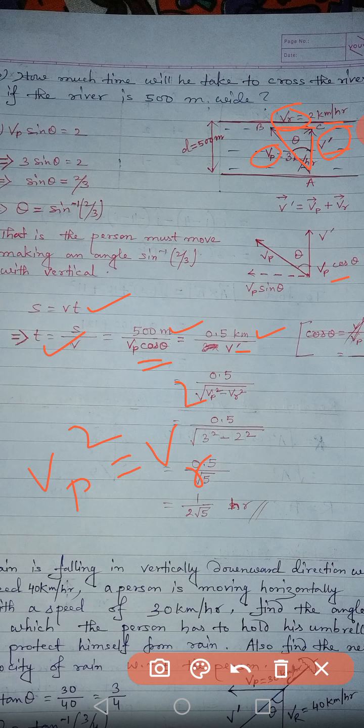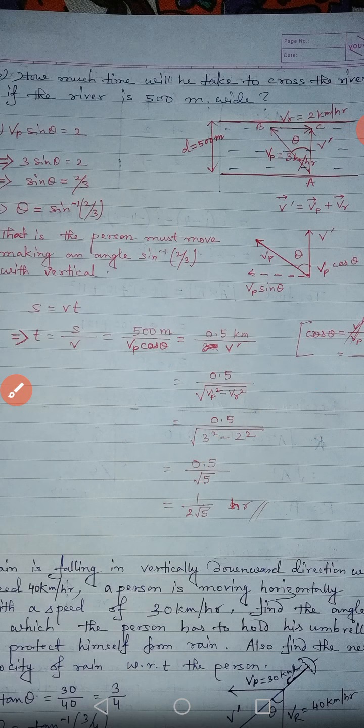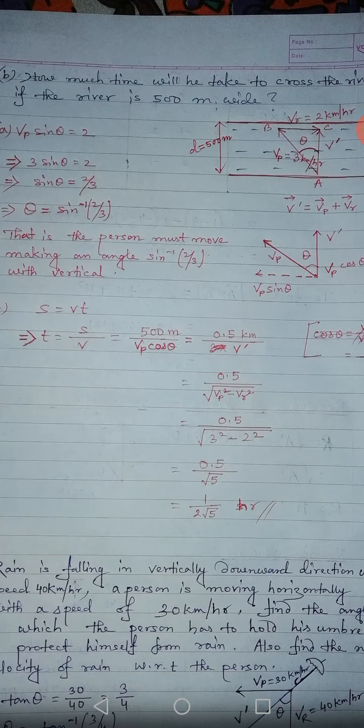Vr square plus V dash square. So V dash square should be equal to Vp square minus Vr square, or V dash will be equal to root over Vp square minus Vr square. So that's what I have written here, root over Vp square minus Vr square is equal to V dash from Pythagoras theorem.